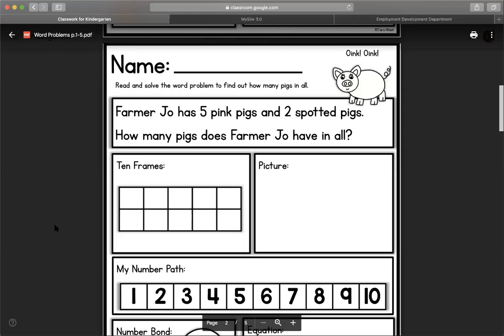Alexa, give yourself a pat on the back. That's really good. So Farmer Joe has 5 pink pigs.